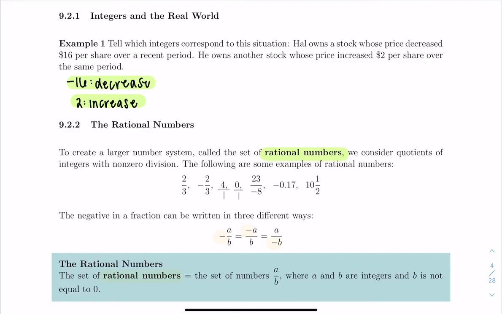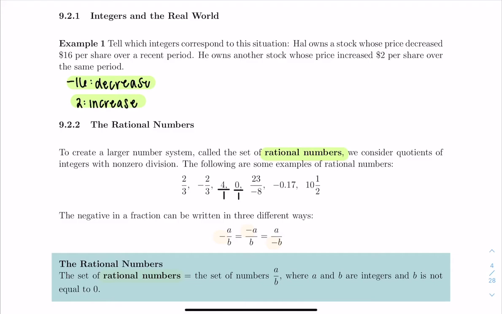So the following are some examples of rational numbers. 2/3, -2/3, 4 is 4/1 because we can always write this with a denominator of 1. Same thing goes with 0. 23 divided by -8, -0.17, and 10.5. So all these are examples of rational numbers.